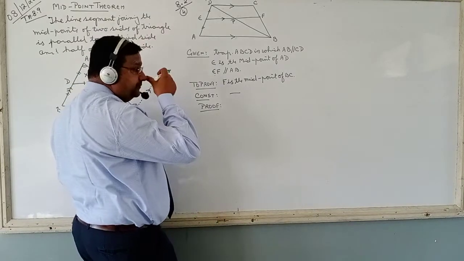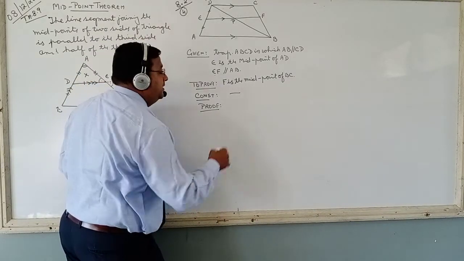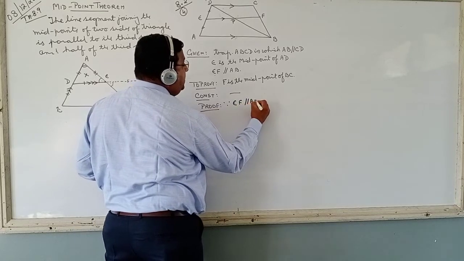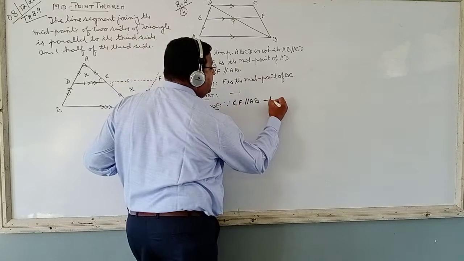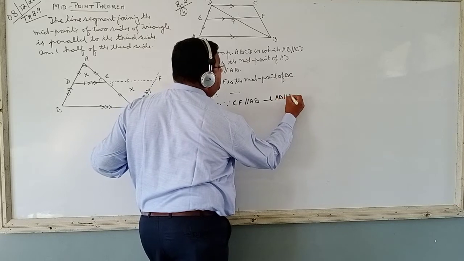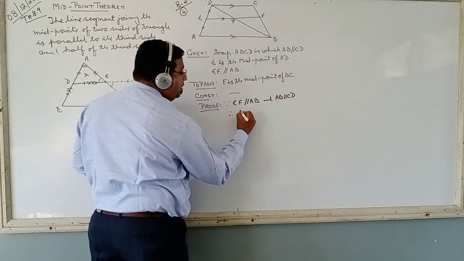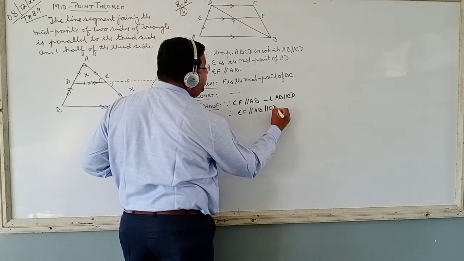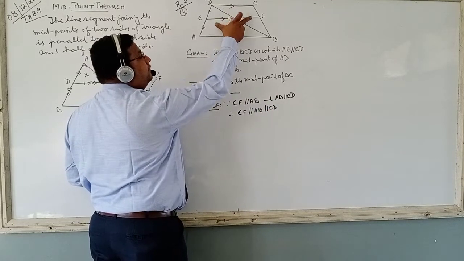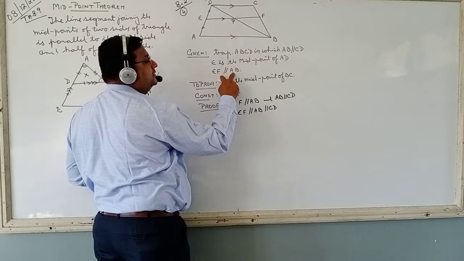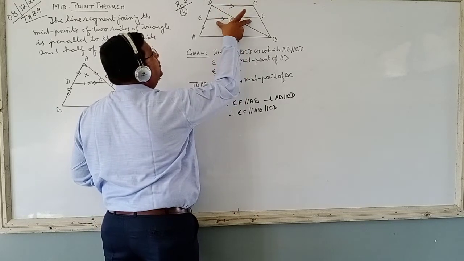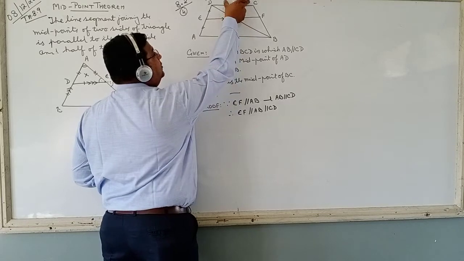So see over here, because EF is parallel to AB and AB is parallel to CD, EF is also parallel to CD. EF was parallel to AB, given to us, and because it was a trapezium, AB was parallel to CD.